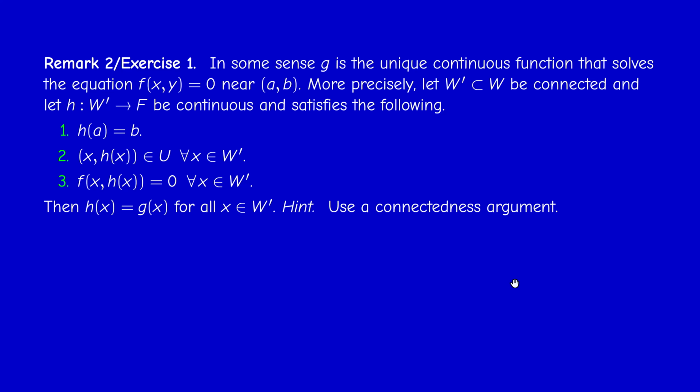And this is not true without the connectedness assumption, actually. So this makes the notion of uniqueness more precise. So try to prove that by using a connectedness argument, if you like topology.